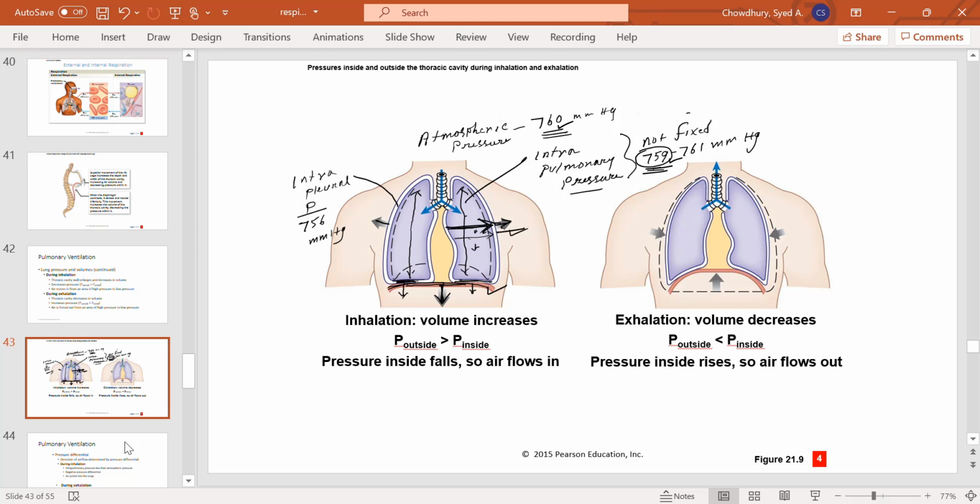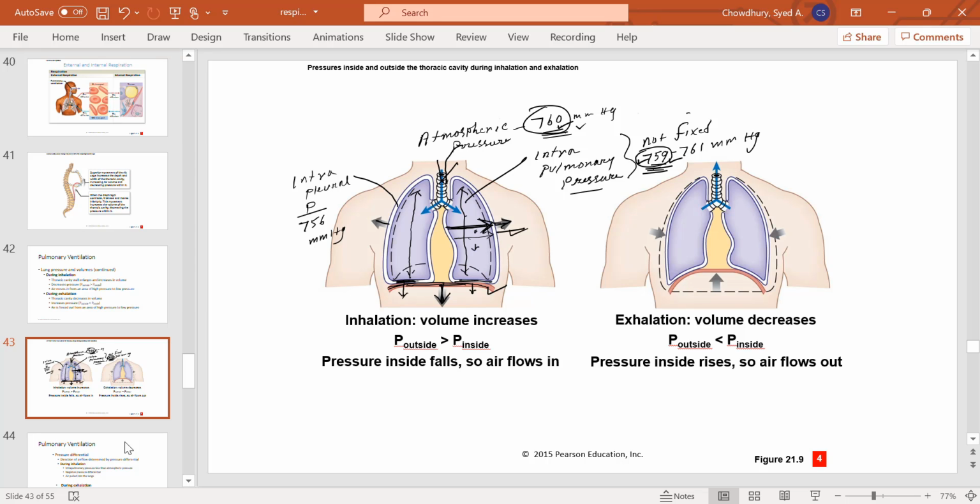So this is 1 millimeter above than this one. So air, remember this is a rule, always moves from high pressure to low pressure. So when inside the lung the pressure will drop 1 millimeter below the atmospheric, the air will get into the lung from the outside. Makes sense? Because of that 1 millimeter pressure difference. And that is the inhalation or inspiration by the contraction of the diaphragm and the intercostal muscles.